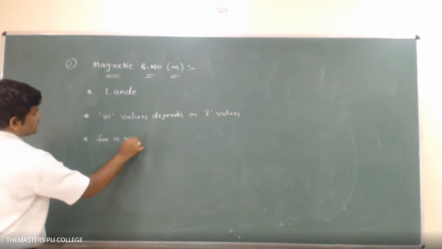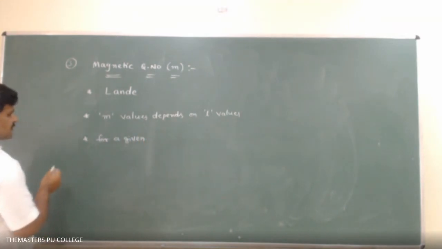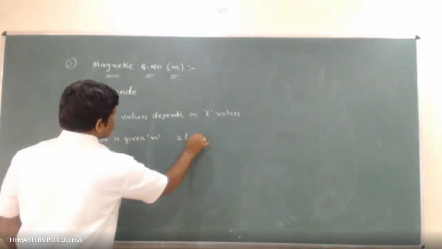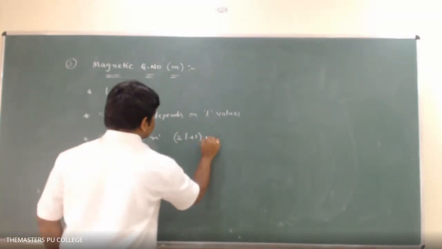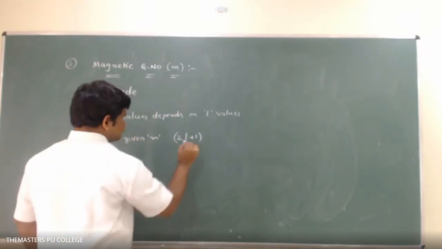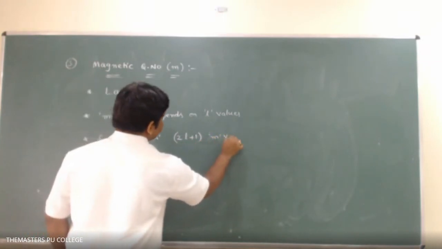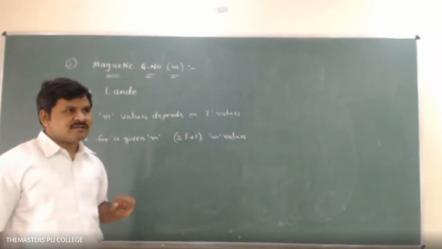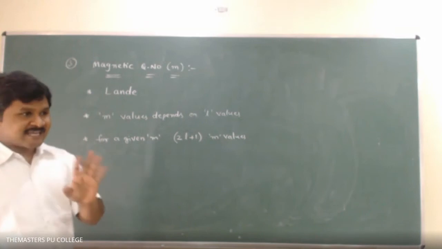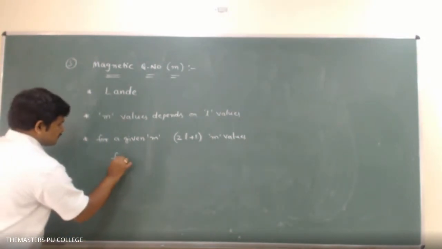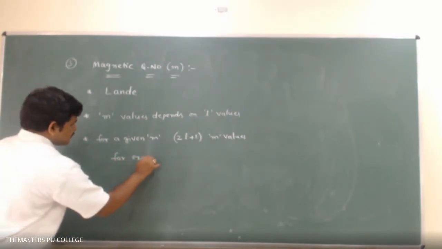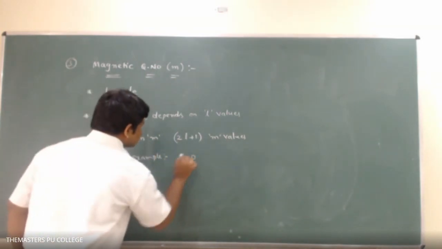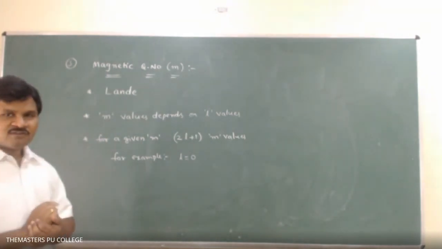How do m values depend on l values? Please remember, for a given l, 2l plus 1 m values are possible. Say for example, l is equal to 0.